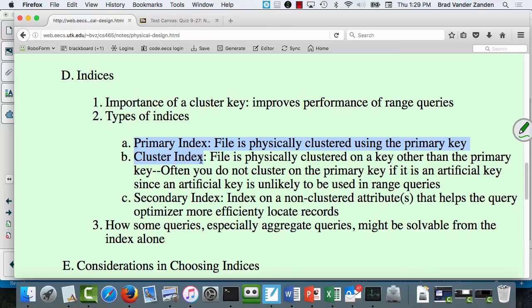Now, it may surprise you, but almost all files have what's called a cluster index, not a primary index. Okay? And the reason is most primary keys are artificial keys. And what is the benefit of having a sorted file or a sorted data set? What type of query do you need a sorted data set for?